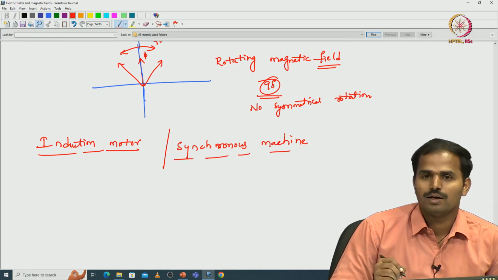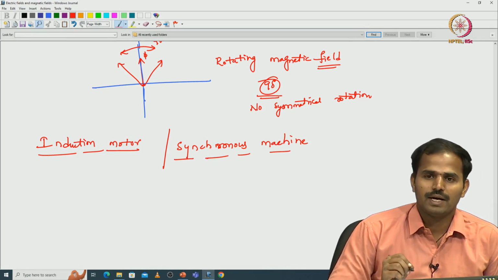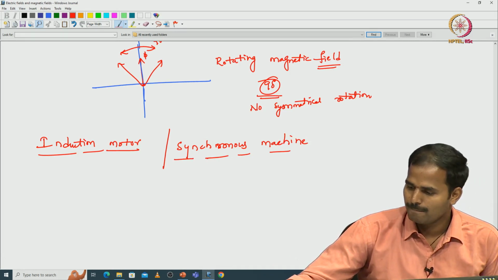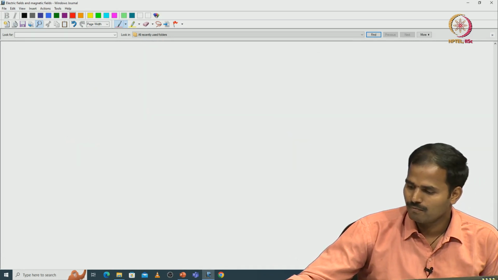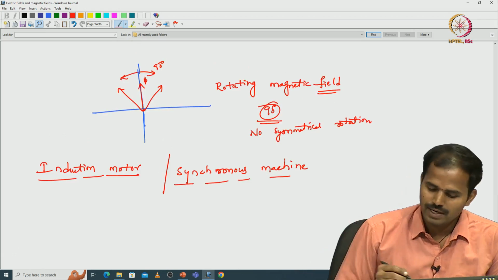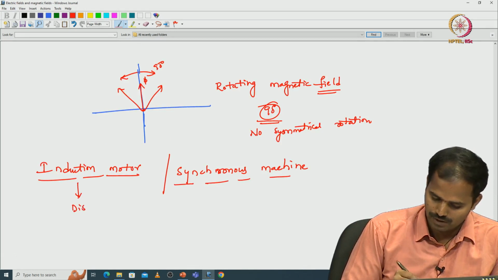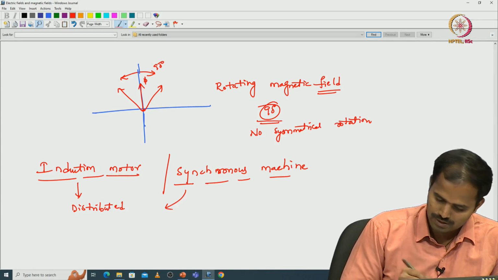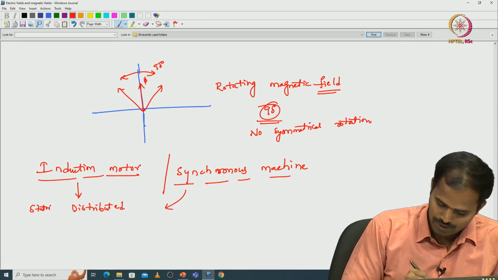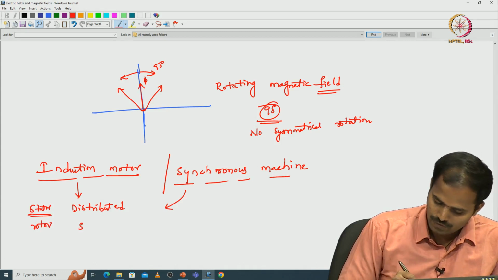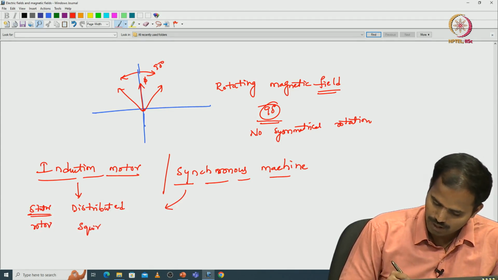We will see the fields with respect to the stator side. On the stator side we have the distributed winding here in the induction motor as well as the synchronous motor. Stator side we have a distributed winding, but on the rotor side what we have here is a squirrel cage or closed coil.